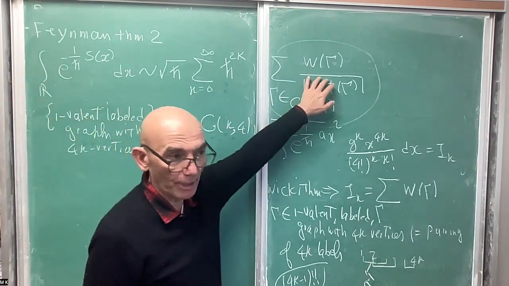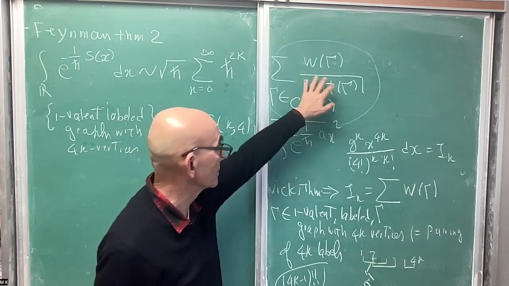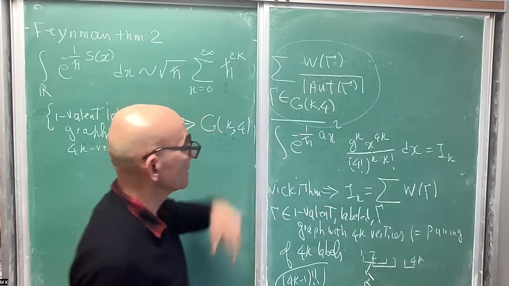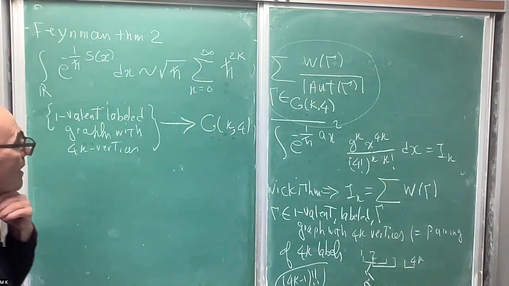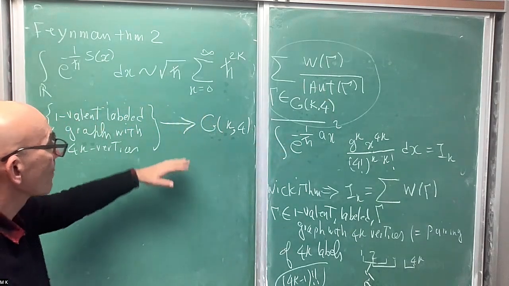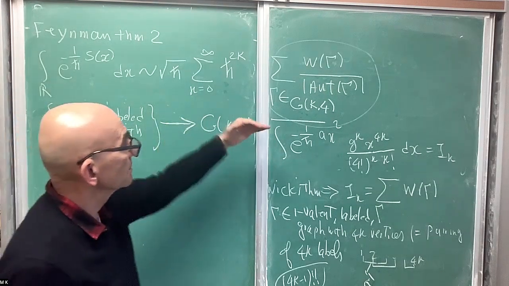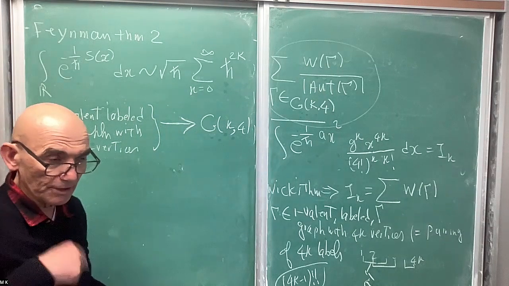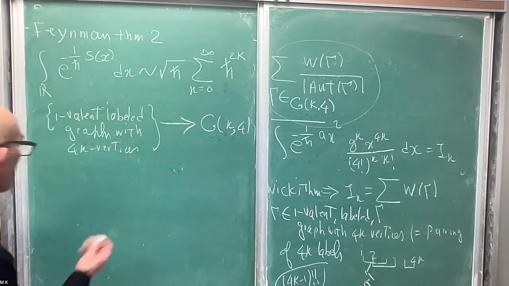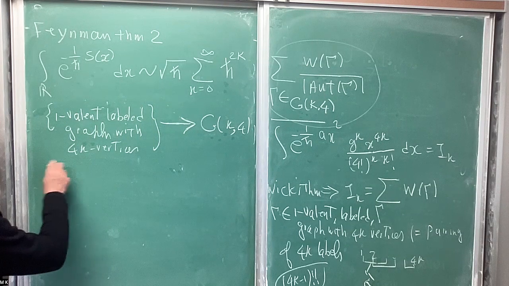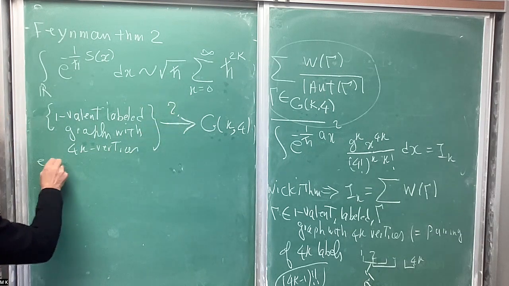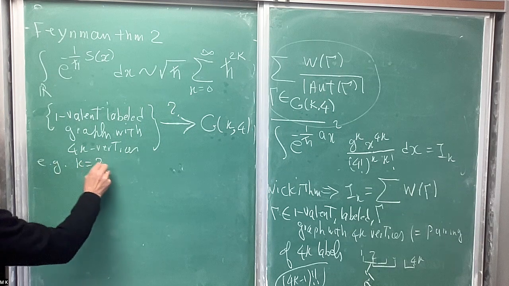And then I will tell you, well, we already discussed this in the last lecture, what this W of gamma, the Feynman weight, is in this case. So how is this reduction done? As we discussed in the last lecture, imagine we take k equal to 2.